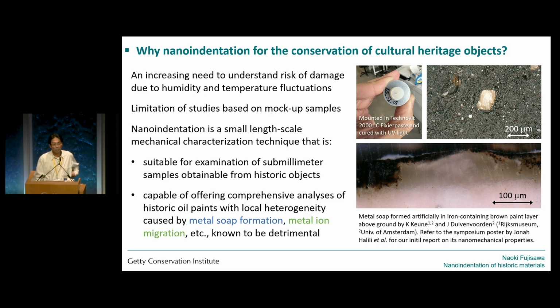Nanoindentation also opens an opportunity for more comprehensive analysis of historic oil paints with enigmatic local heterogeneity, such as metal soap formation and metal-ion migration, and so forth, known to have detrimental effects on the artworks.